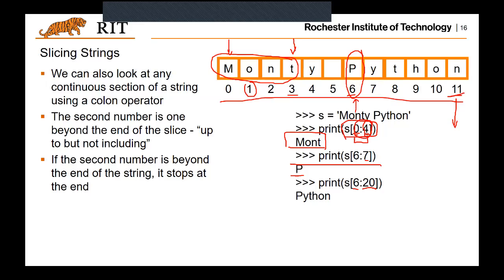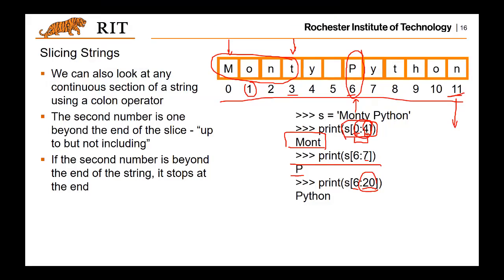So it takes P, Y, T, H, O, N, and because that's the end of this string, it ends there. Even if you put 20, it will not give you an error, which is good. So that's how you slice a portion of the string.